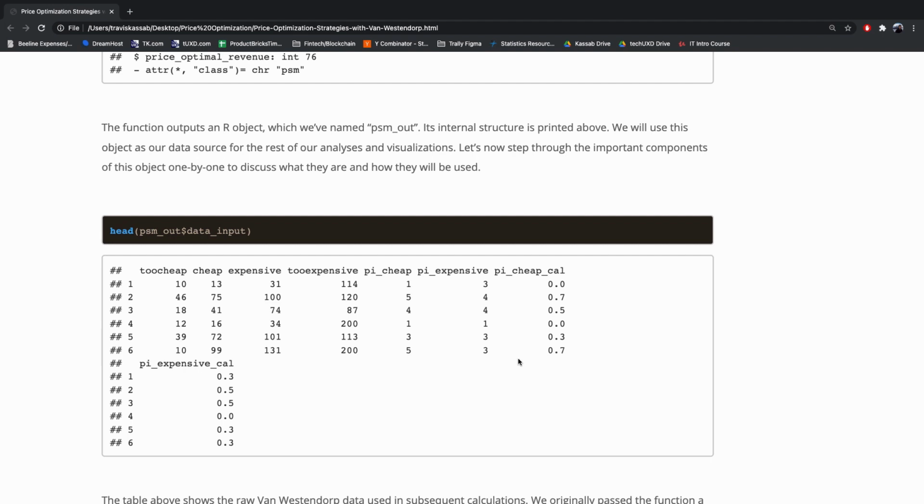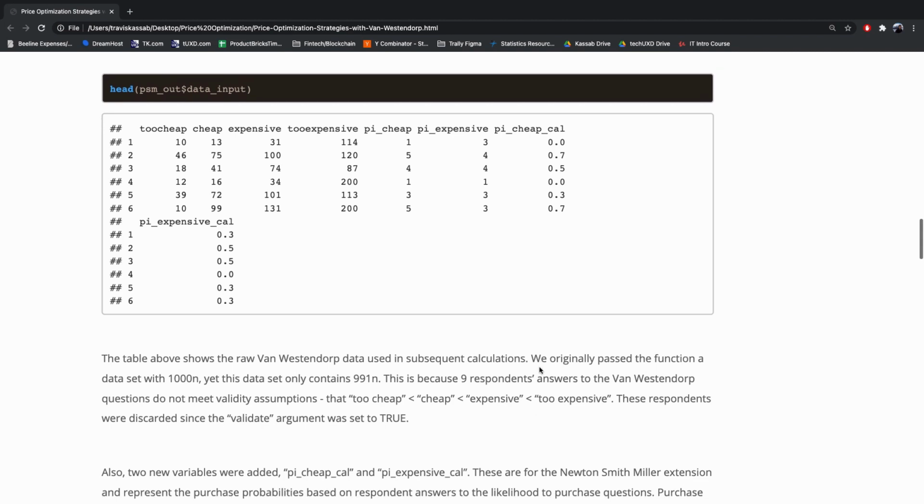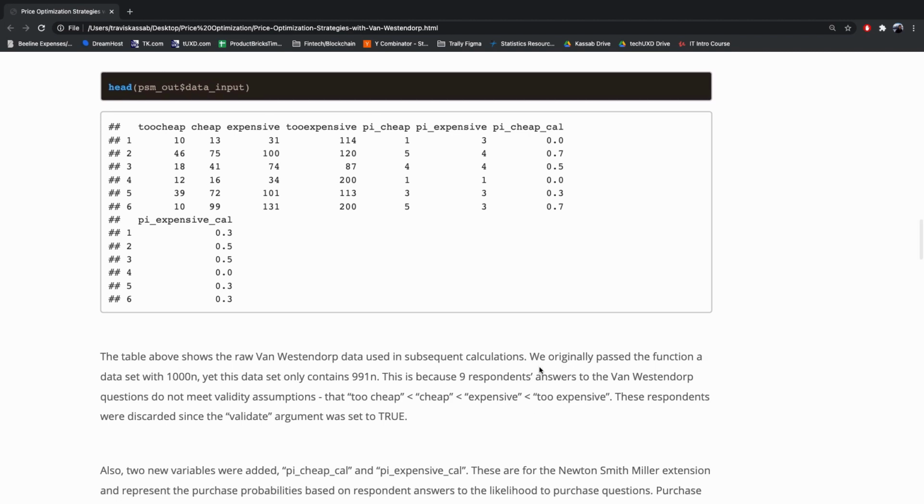We're literally just assigning our probabilities, and these are just a priori assumptions of ours that this is the probability that they will buy a product given their likelihood to purchase response in Q5 and Q6. You might have a problem with that, and that's fine, and you can actually change those values in this PSM analysis function above, but I just kept the default there.